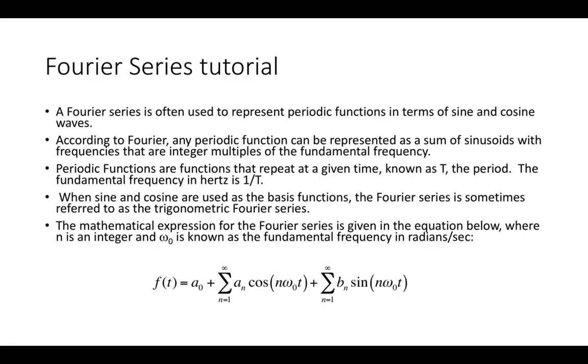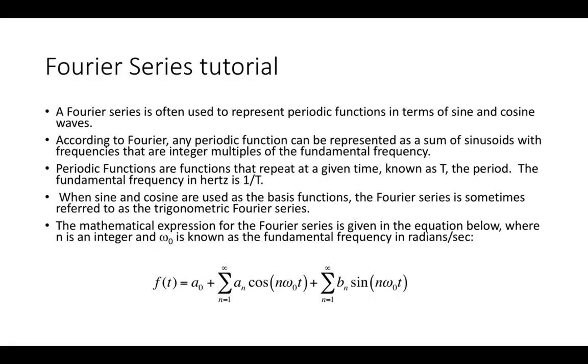In a Fourier series, when you use sines and cosines, it's referred to as the trigonometric Fourier series. The other option, beyond the scope of this class, is an exponential Fourier series, where you would use the exponent in the series with a different kind of coefficient.